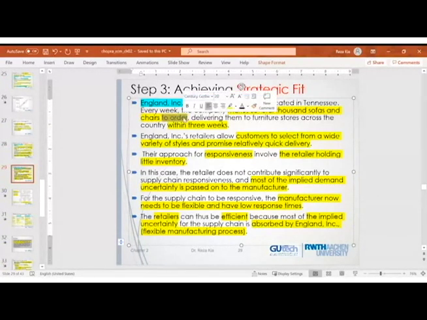So it means that they don't have a big inventory. They are waiting for the demand by the customer, and whenever there is a demand by a customer, they just make to order. So this is their strategy.